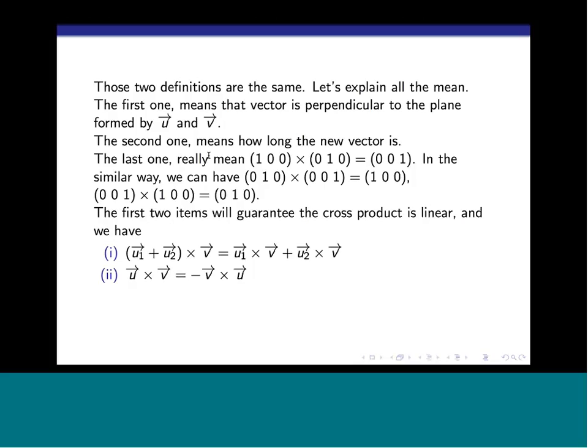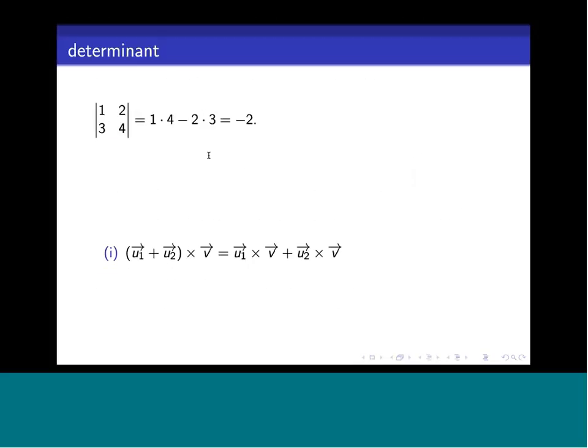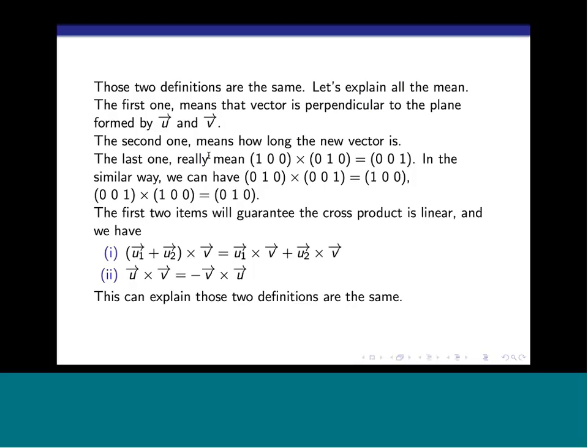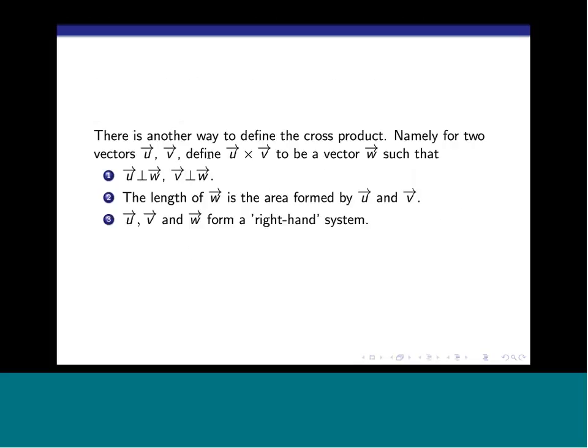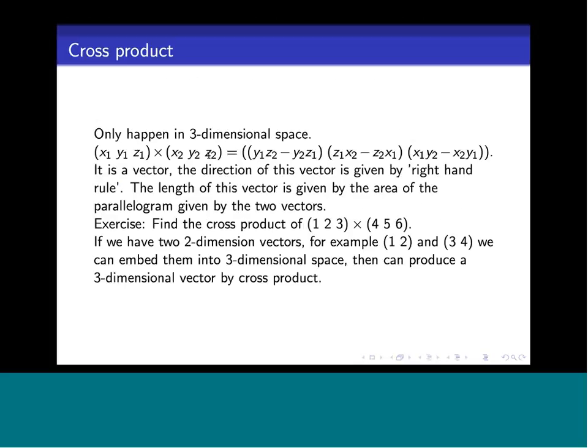UV and VU go in different directions because of the right-hand system.